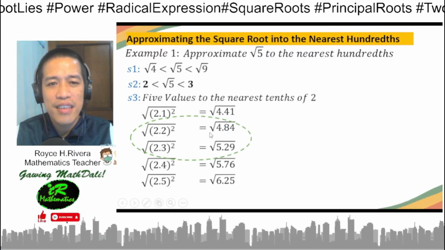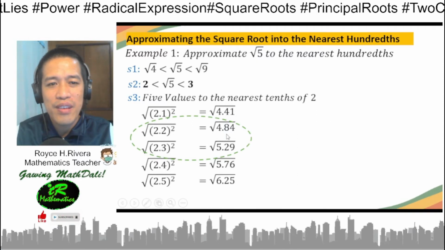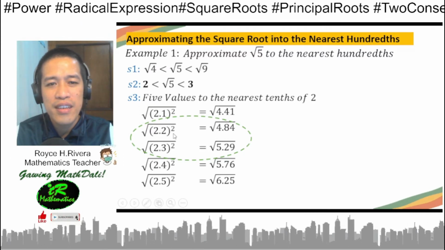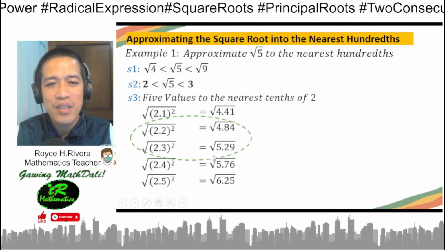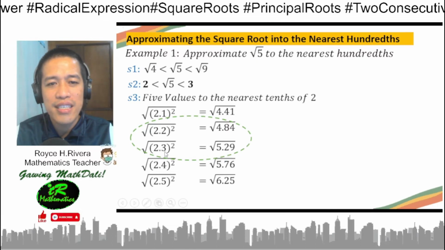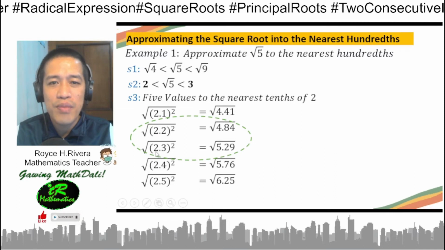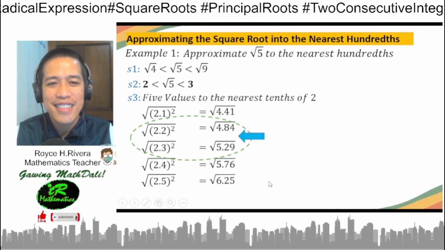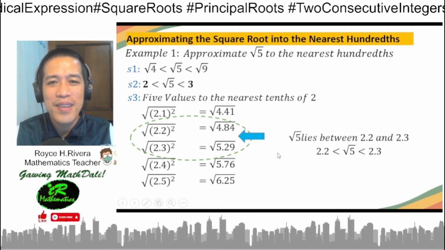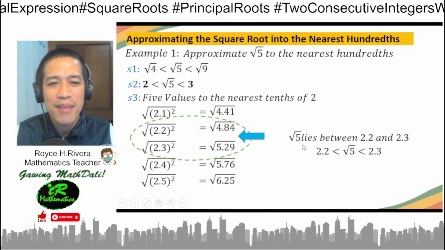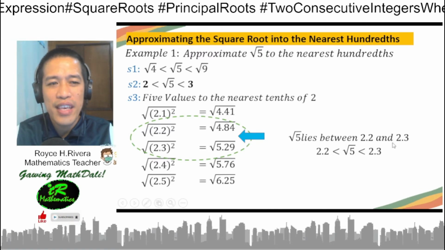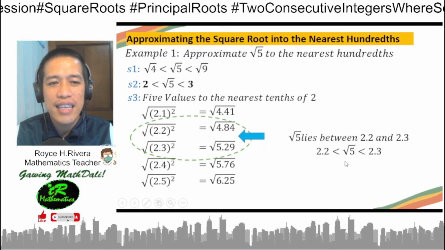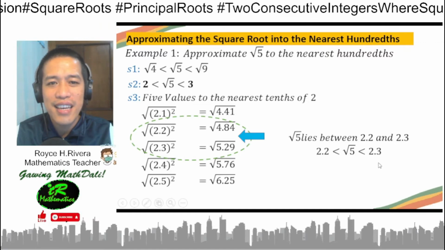Square root of 5 is in between the square root of 4.84, that is equal to the square root of 2.2 quantity square, and the square root of 5.29, which is equal to the square root of 2.3 quantity square. So for our conclusion, square root of 5 lies between 2.2 and 2.3. In symbol, 2.2 less than square root of 5 less than 2.3.